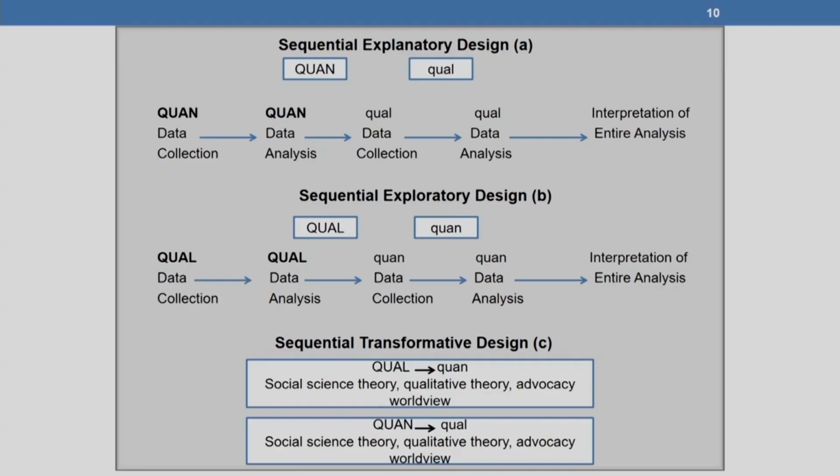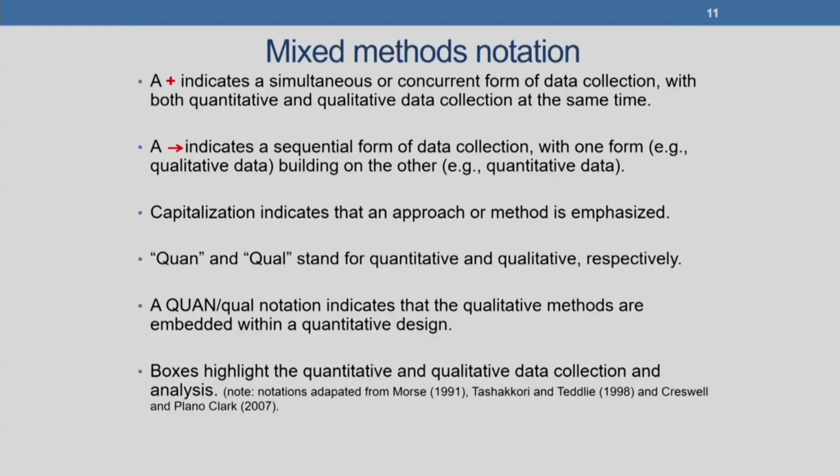Let us first look at some of the notations that are used in mixed methods visual models. In the visual models, quantitative is shortened to quan and qualitative is shortened to qual.